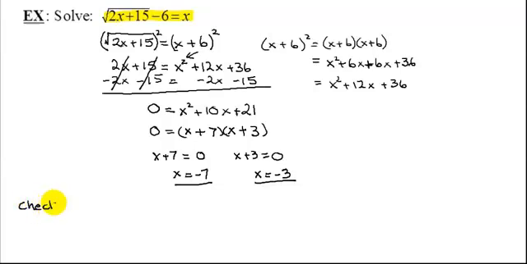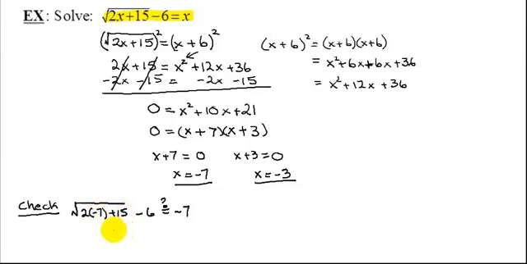So we take our solutions, x equals negative 7 and negative 3, and plug them into this x and this x, to see if we get a true statement. Let's check our first solution. Is the square root of 2 times negative 7 plus 15 minus 6 equal to x, which was negative 7? 2 times negative 7 is negative 14.